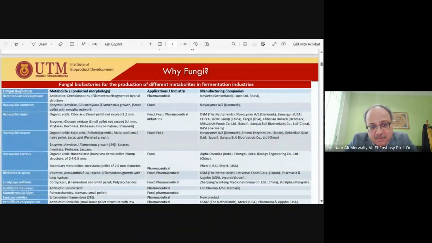Also phytase, pectinase, protease, glucoamylase, and chymosin. This marvelous strain of Aspergillus niger can produce more than 35 products. But you need to switch from one product to another, not only by genetic means, but even for the wild type, by adjusting the pH, cultivation conditions, medium composition, and morphology.